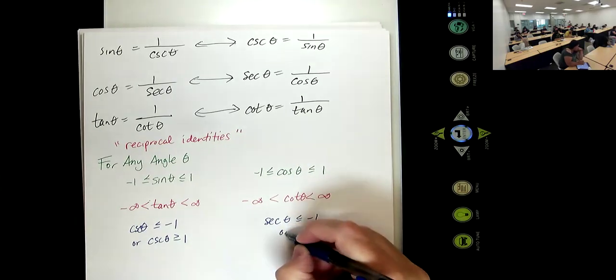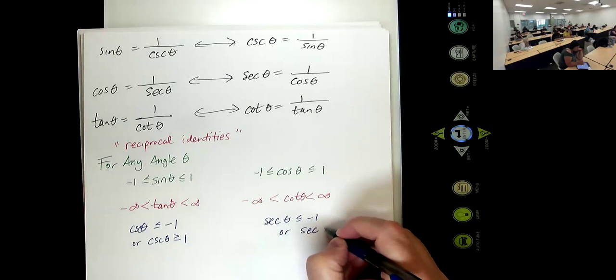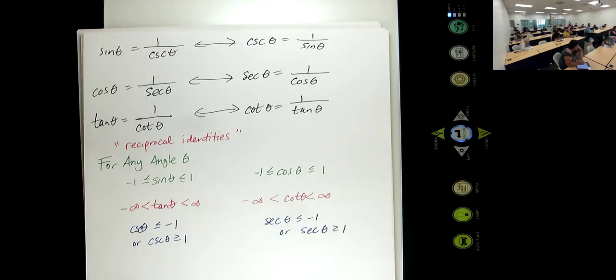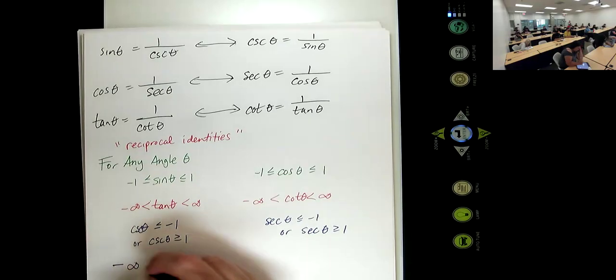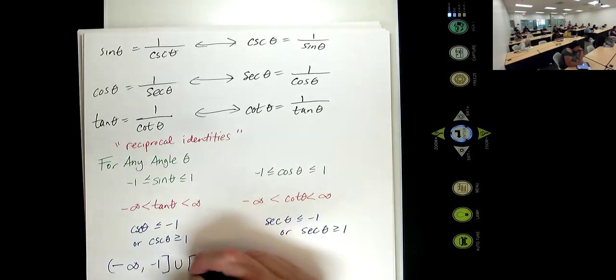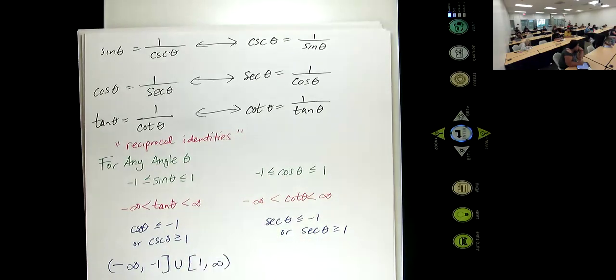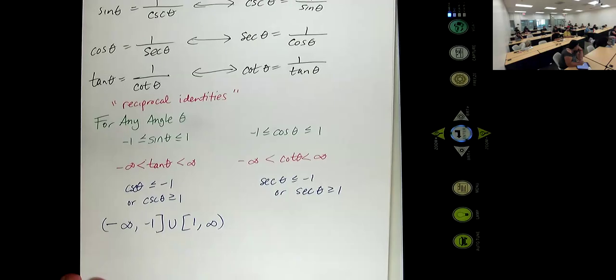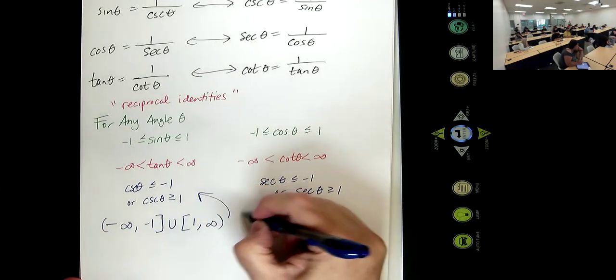This is not an ideal way of doing this, so I'm gonna write it in interval notation. -∞ to -1, in union with 1 to infinity, for either of these.